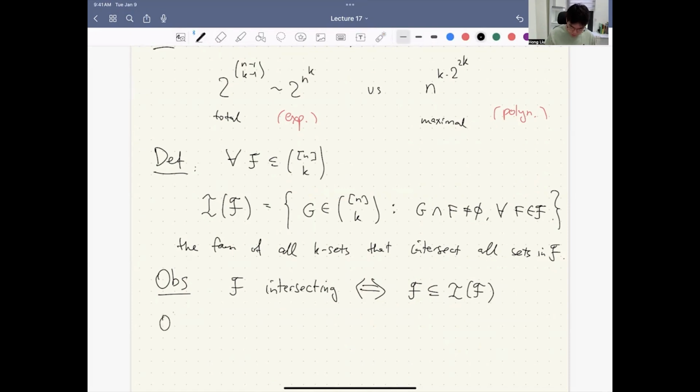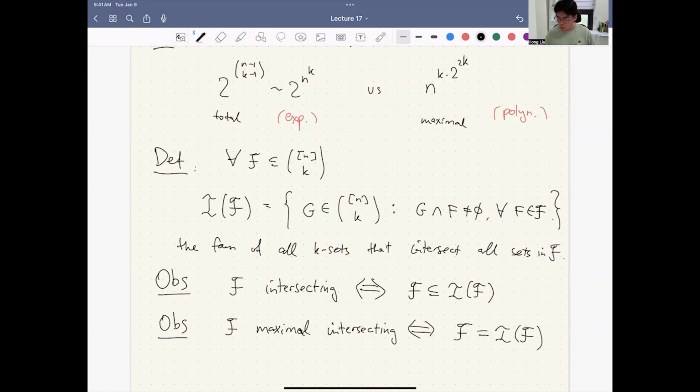The second observation is that equality holds in the first observation when F is maximal, if and only if F equals I(F).